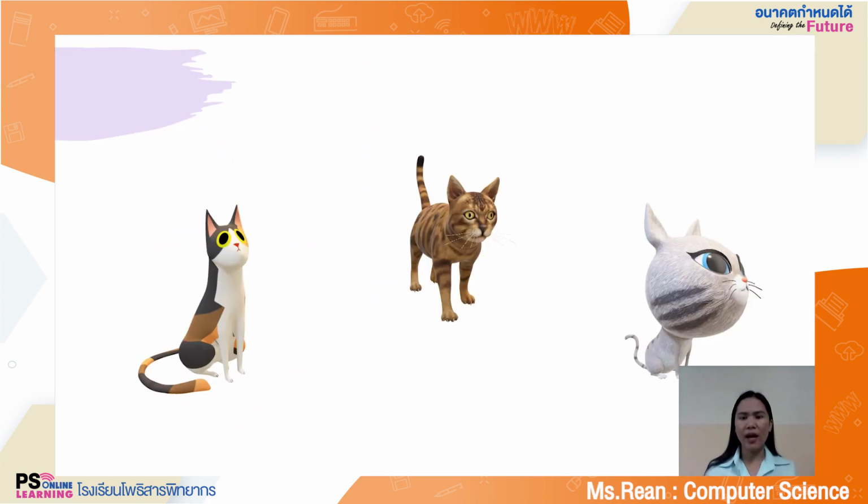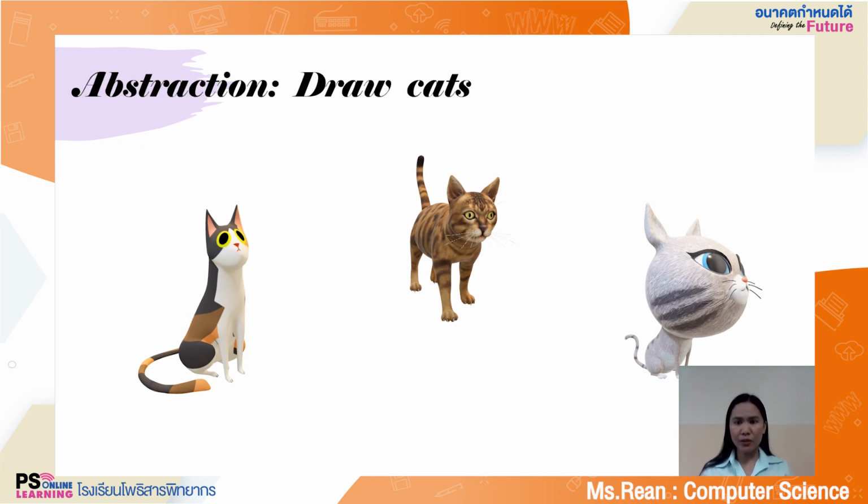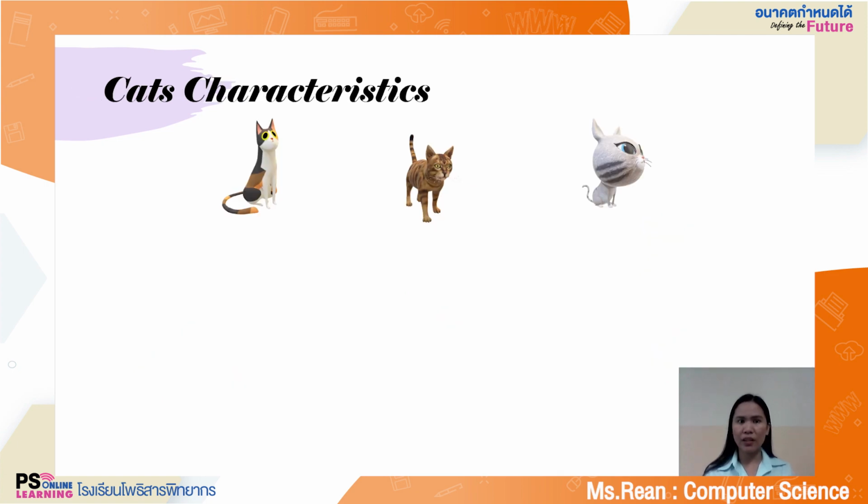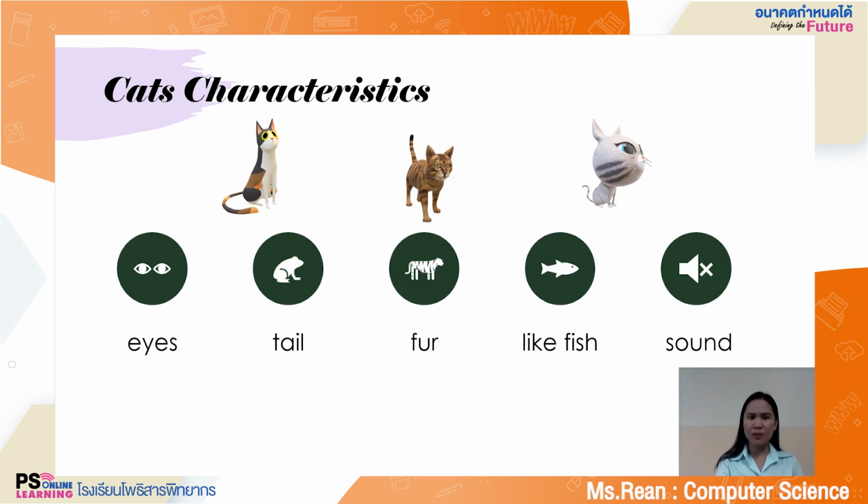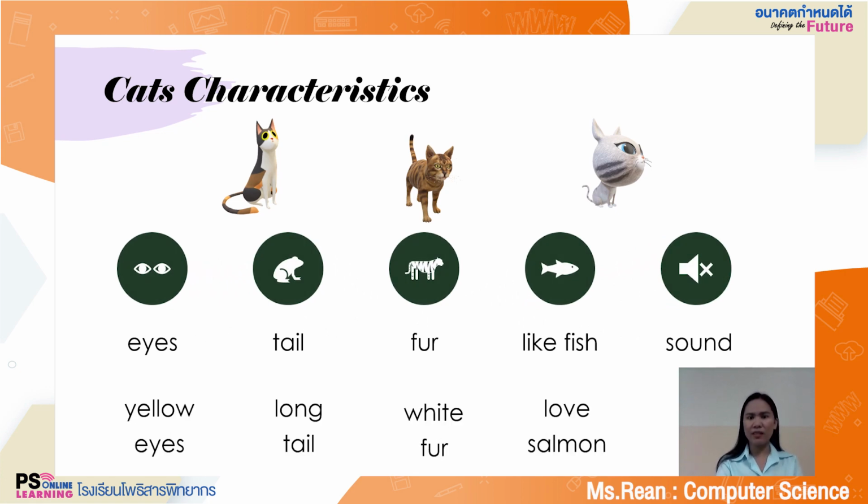Example, our task is to draw cats. In order to draw cats, we have to consider the cat's characteristics, both the general and the specific. So these are the general characteristics that they have, and these are the specific characteristics that they have.